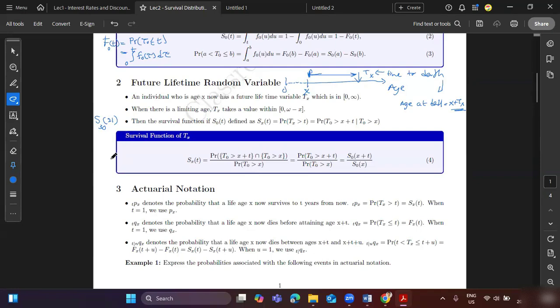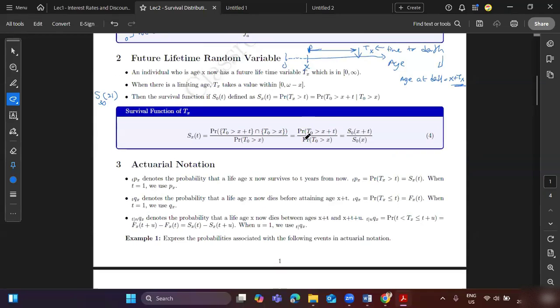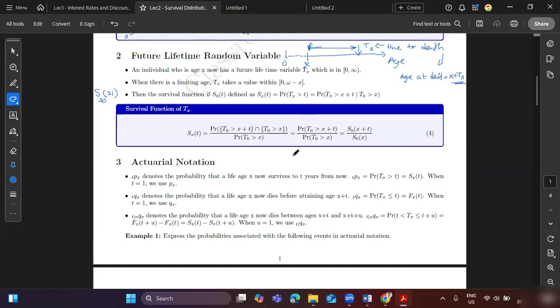So we always count starting from 30, but the value of Tx starts from 0. Though the actual age is 51, the future lifetime is only 21, because he had already covered 30 years of life by the time he purchased the life insurance. So that's the point to get into your mind clearly.